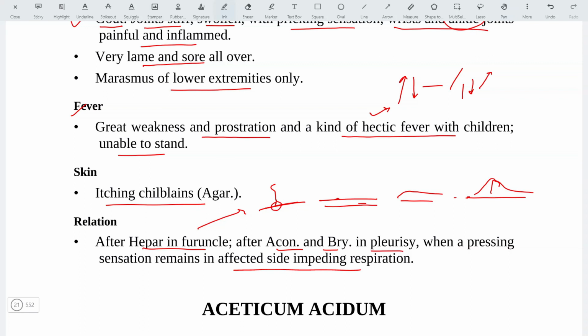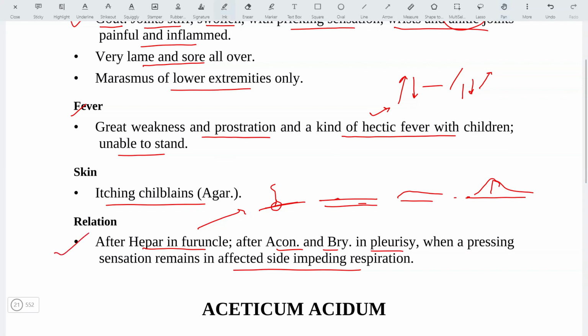So the patient was having pleurisy, and you have given Bryonia or Aconite, but the patient is not totally recovered. Some sensation is preventing proper respiration. In that case, Abrotanum works well.